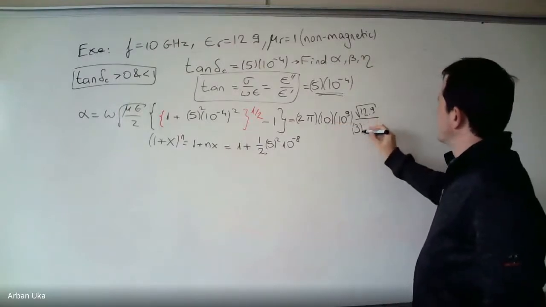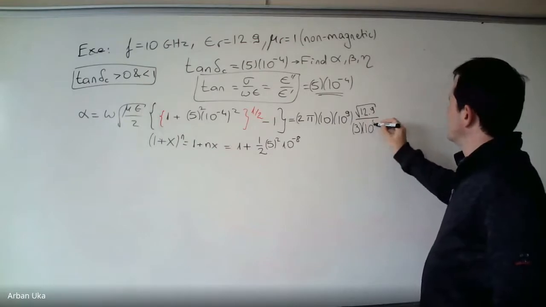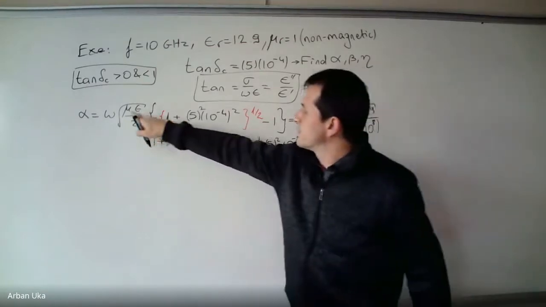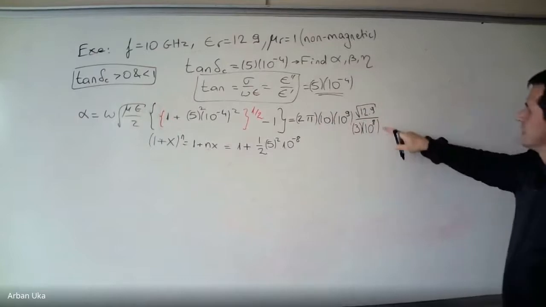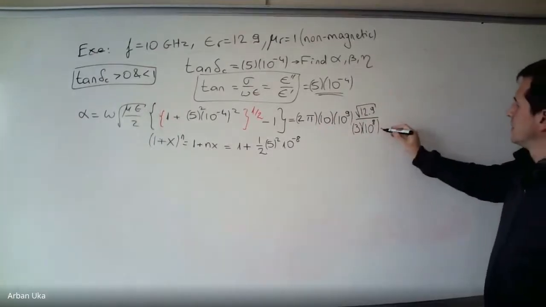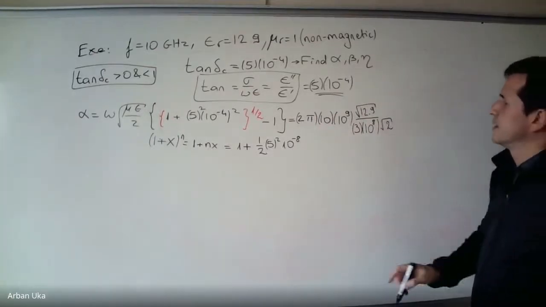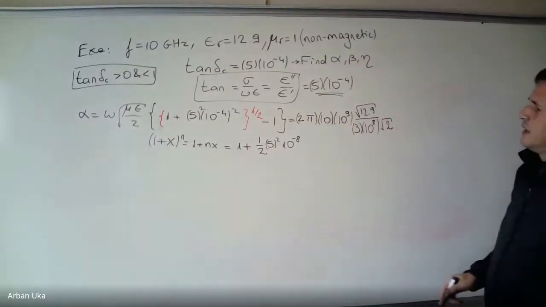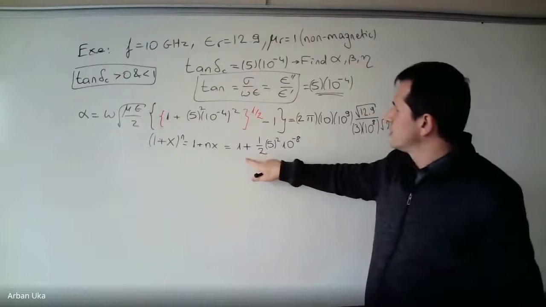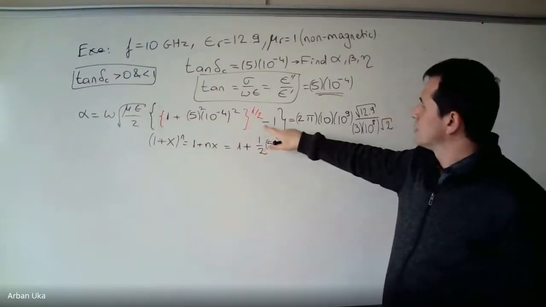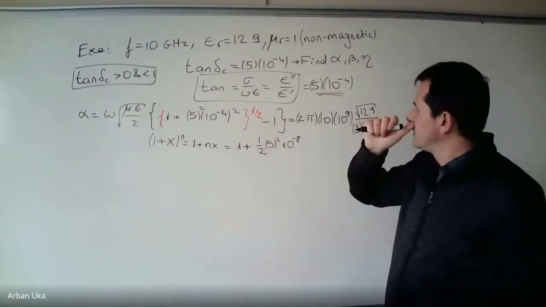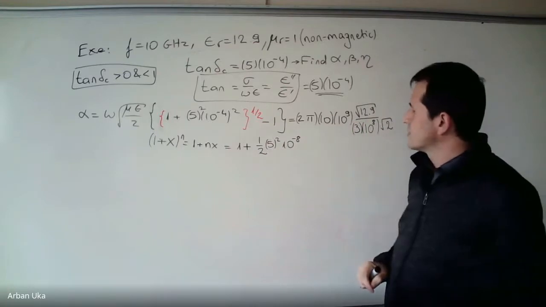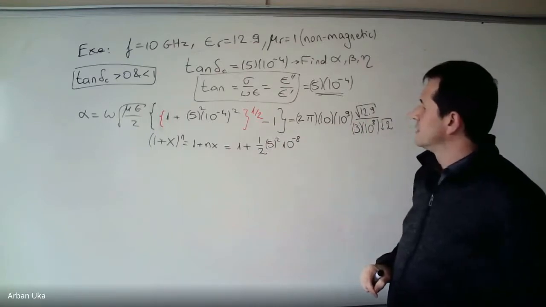We can divide also with 3 times 10 to the power 8, because you know that this permeability times permittivity is what will come out. We have the square root of 2 here again, so we just wrote this term, and then from this term here, we took the square root of this one. So this is going to be very, very small.